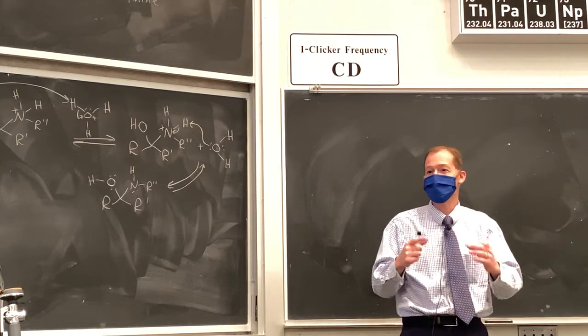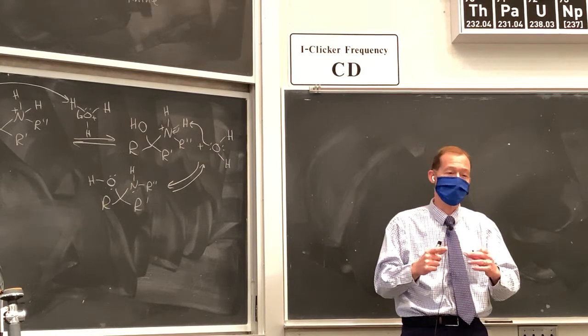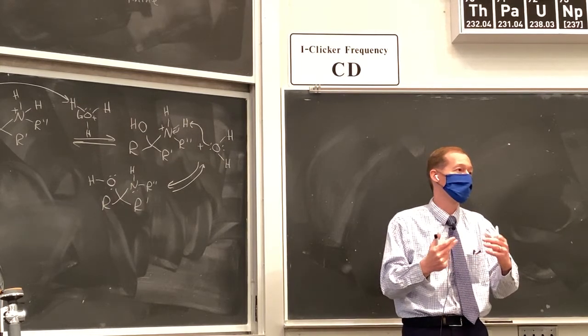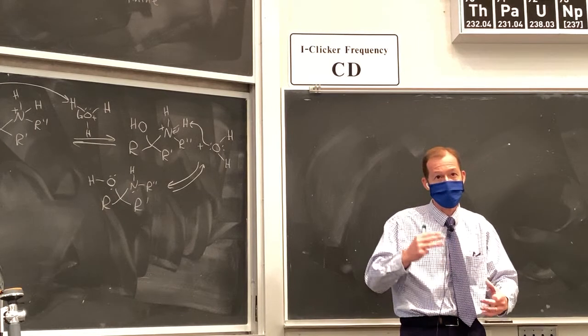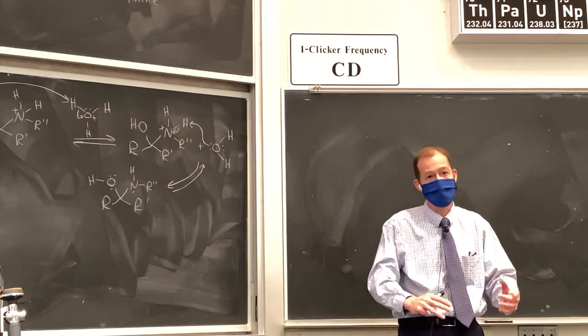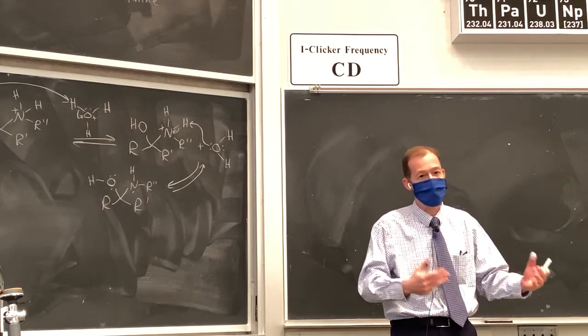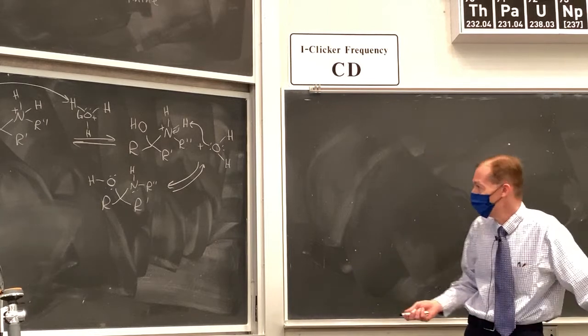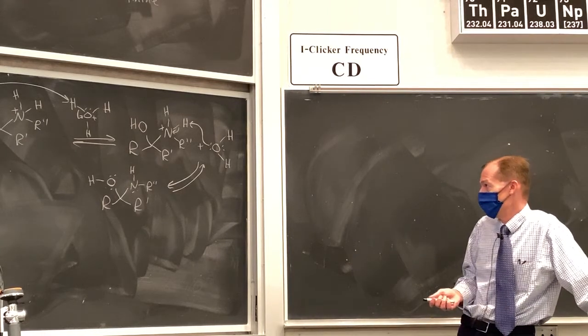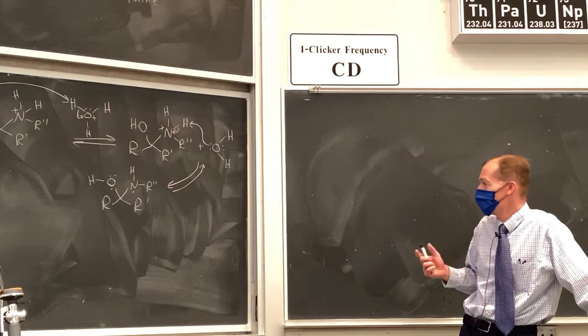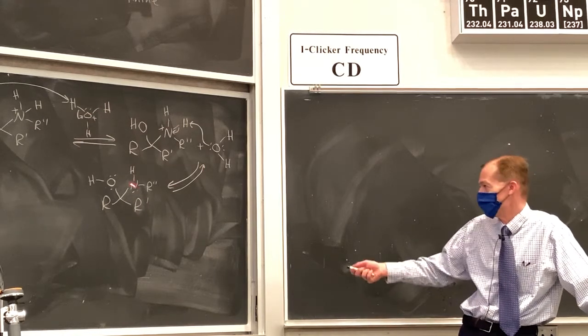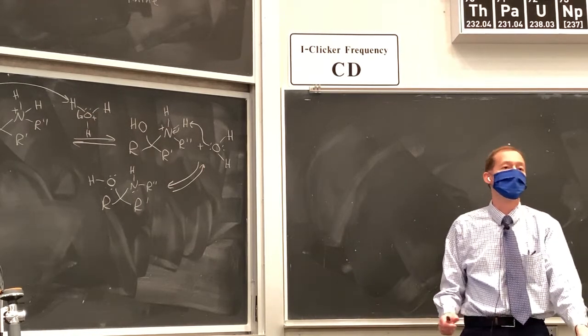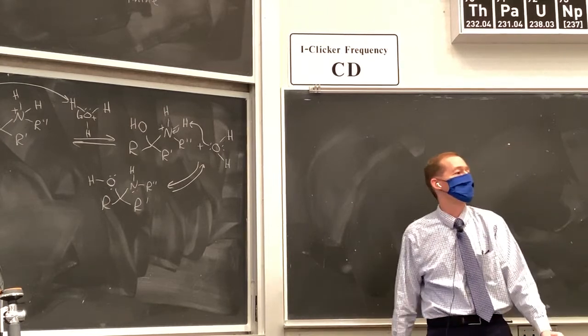So if you're going to have a four-membered cyclic transition state, usually you need some sort of special driving force to make that transition state low enough in energy to have the reaction occur. So no four-membered cyclic transition state in this case, two intermolecular proton transfer steps to get us to our carbinolamine species. Any questions so far?